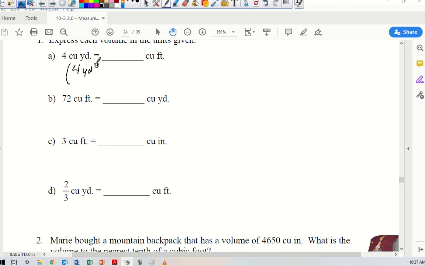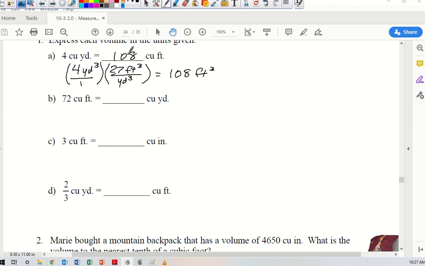Yards to the power of 3 is the same thing as a cubic yard. I'm going to write it as 4 yards cubed, and we know from above that there is 27 cubic feet per cubic yard, which would give you 108 cubic feet in 4 cubic yards.